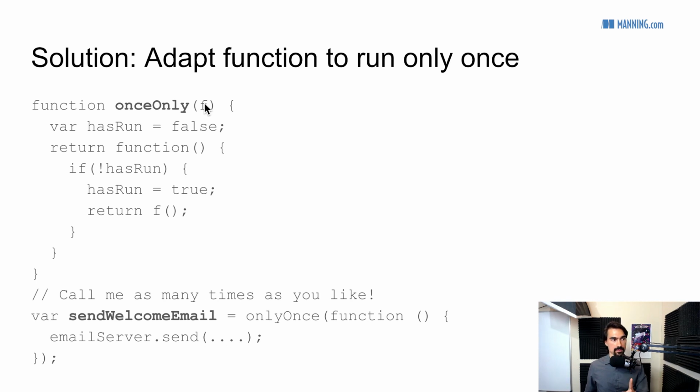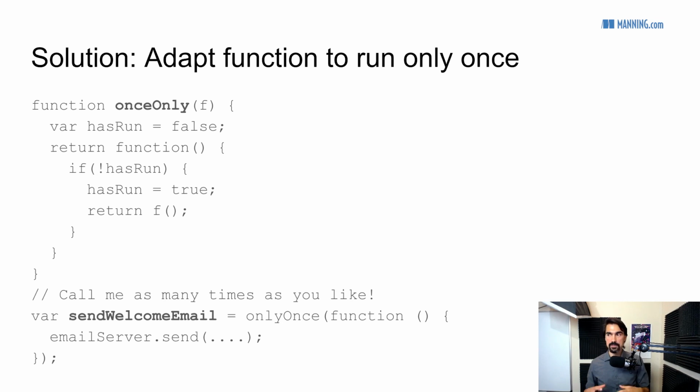And so this way, we are modifying the model of time. Now the semantics for this function, if it's been passed through only once, is no matter how many times you call it, it's only going to send at most one email.